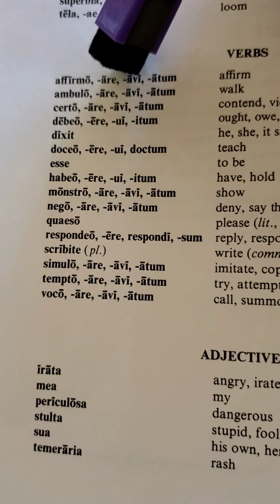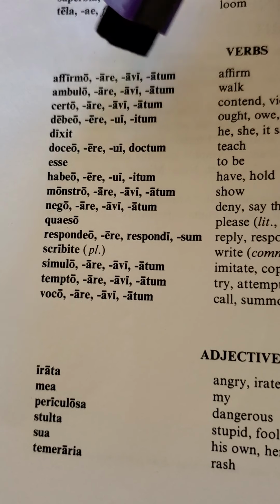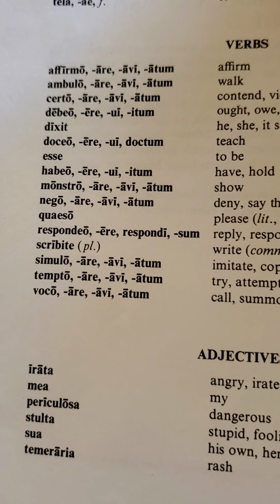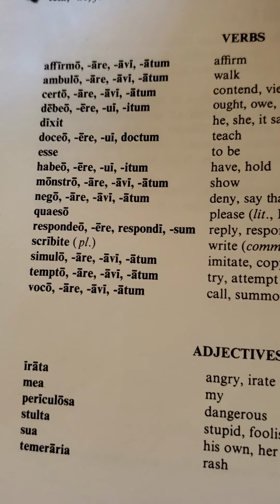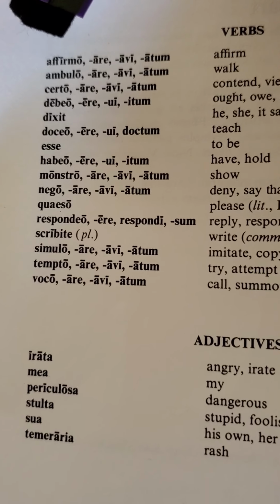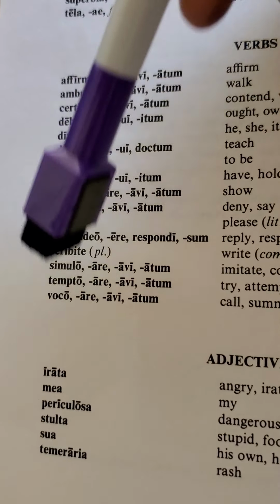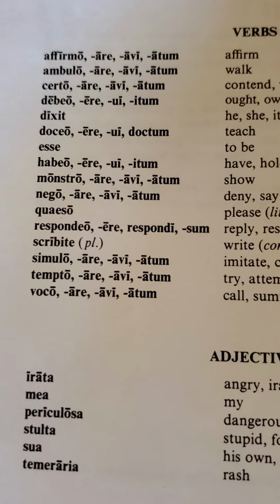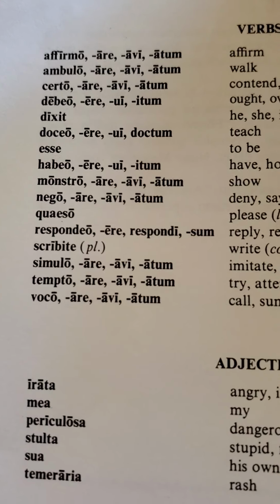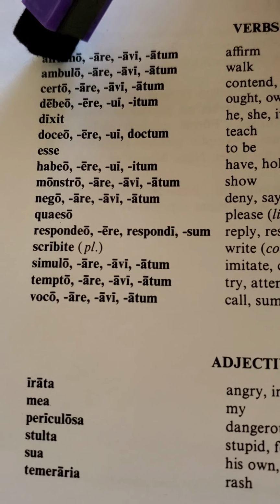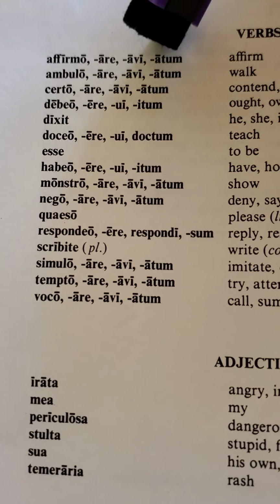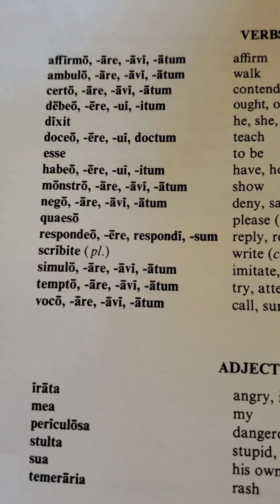They simply give the endings, and you have to hook them on to the verb. And I'm going to show you how to do that in just a minute. But you'll see that all of these words, or most of them, have these three other endings that will be attached to the stem to make the first, second, third, and fourth principal part. So more about that later.